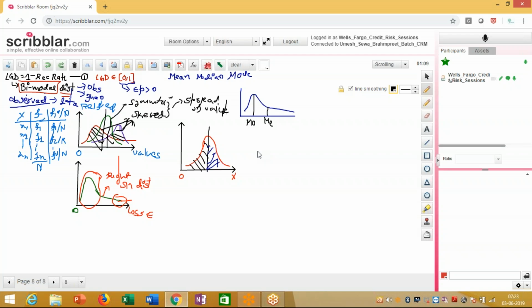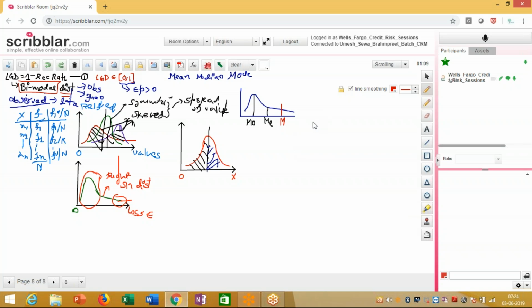And where is the mean of your distribution? The mean of your distribution is slightly biased towards the right, and it has the value over here. So this is the part where you have your mean. Now, why is the mean towards this side?